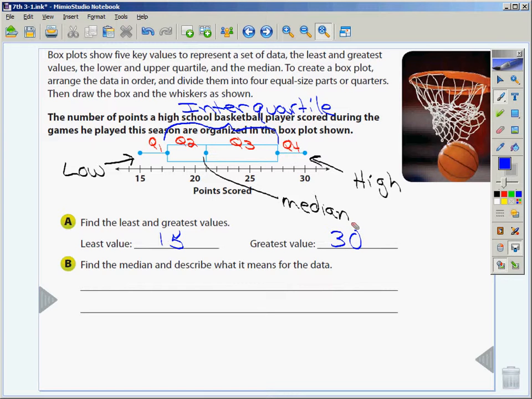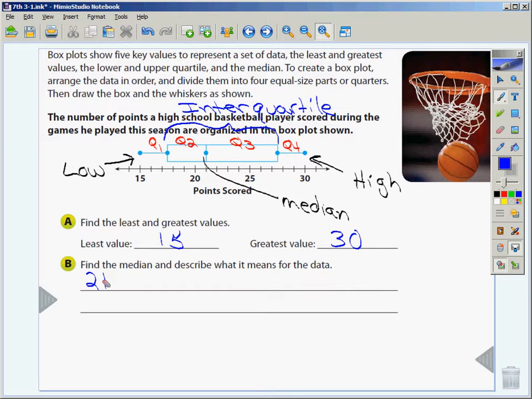What's the median? 21 is what the median is. It says, and describe what it means for this data. The median is 21. Describe in terms of this data what it means.